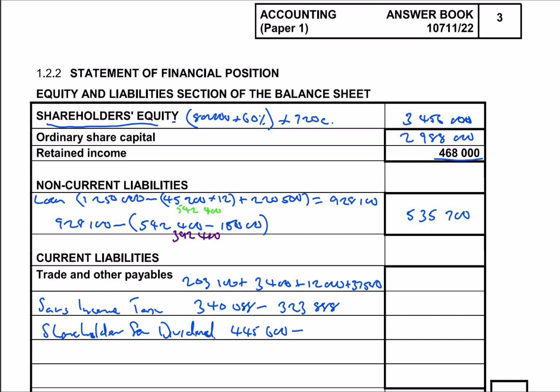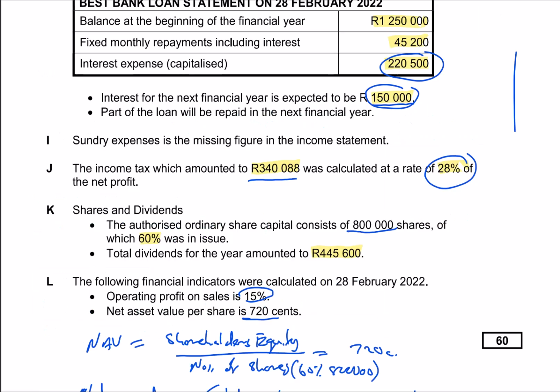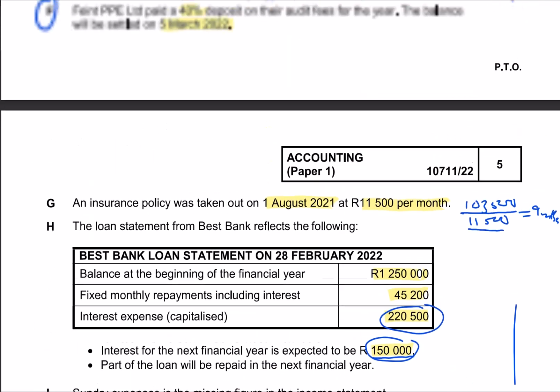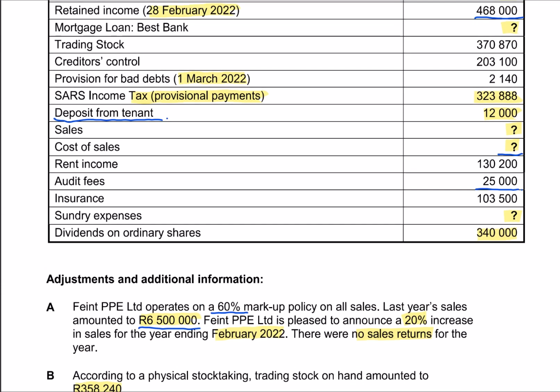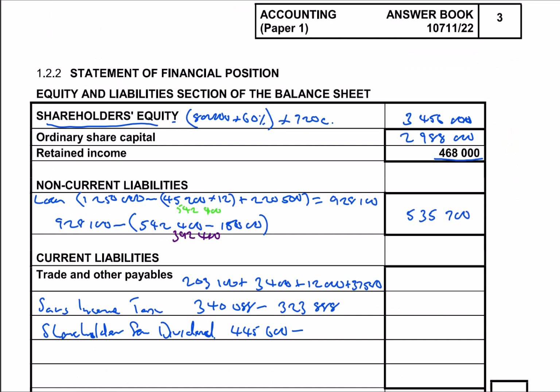Then where do we get our interim dividend? Our interim dividend we get from the balances. They say dividends on ordinary shares 340,000, so minus 340,000. Then the short-term loan, that is the 392,400. That's your short-term loan.